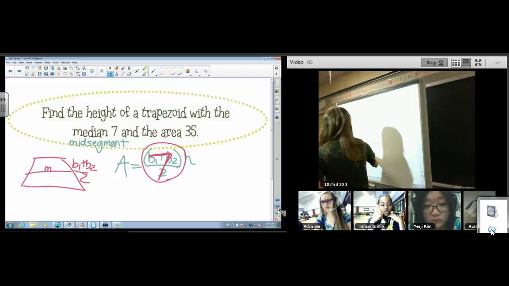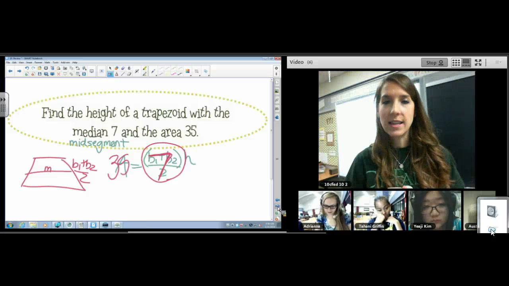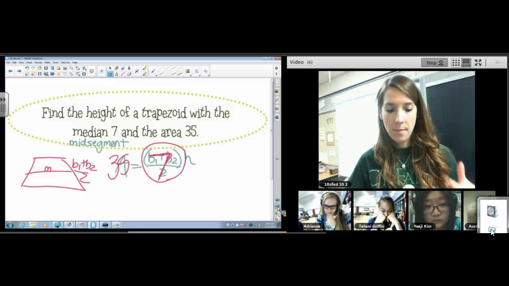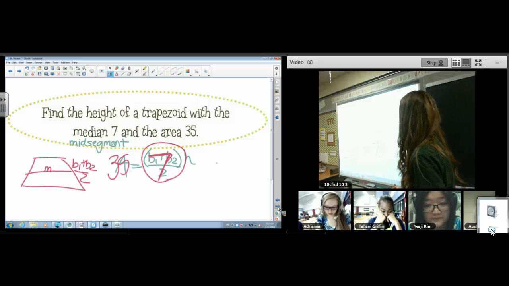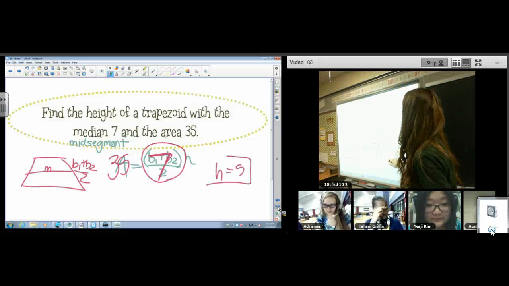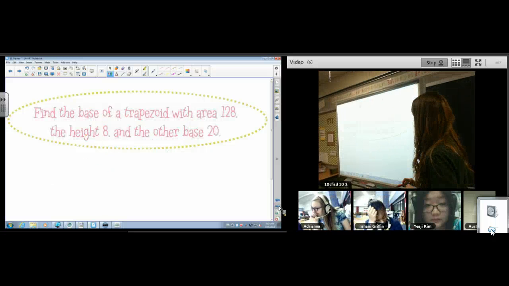You know the area. So now that you knew that trick, that's a very easy problem. 35 divided by 7. And Minjung is still the only one who got it right. Let's move on. The answer is 5. So that was a tricky one, but I have shown you that before.